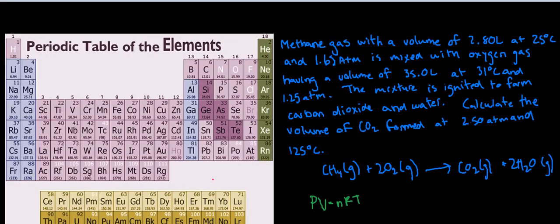So let me begin by finding the moles of methane and oxygen. I'll begin with methane. I'm going to be using the ideal gas law, PV equals nRT.